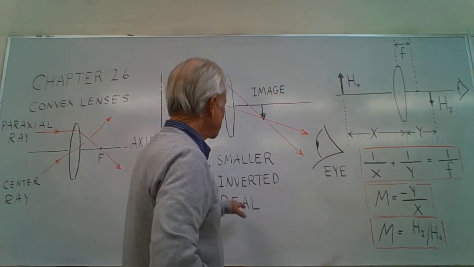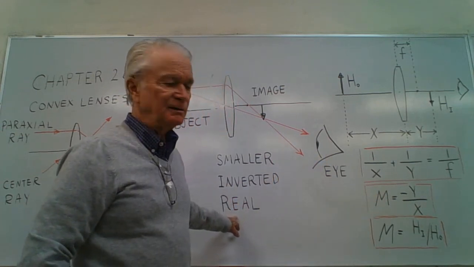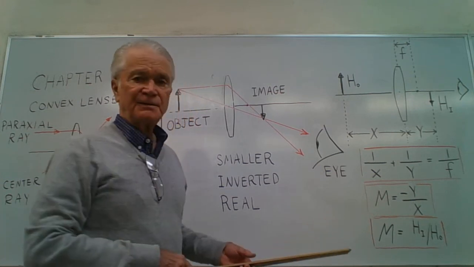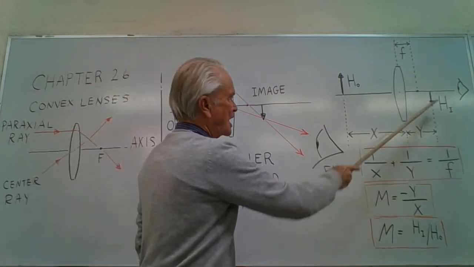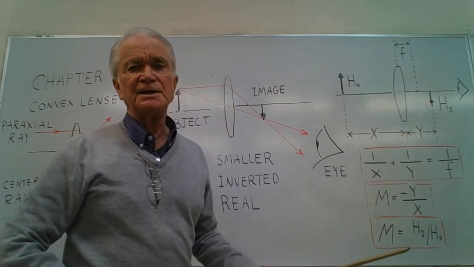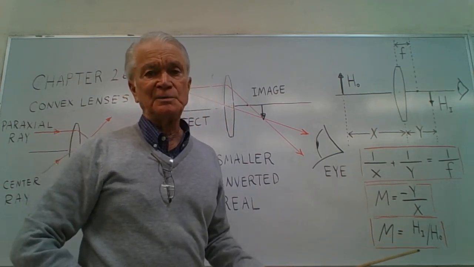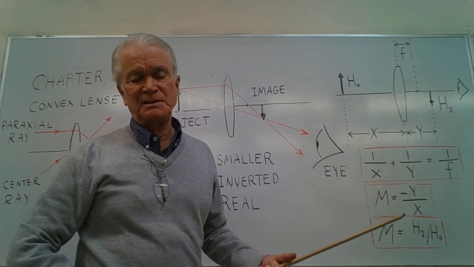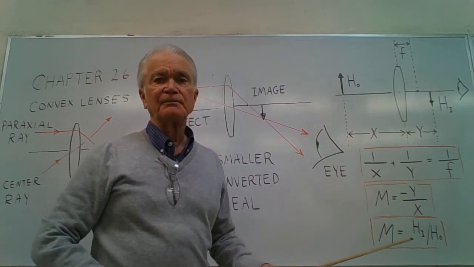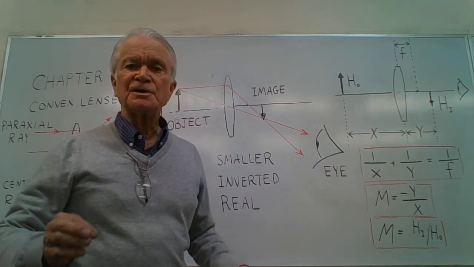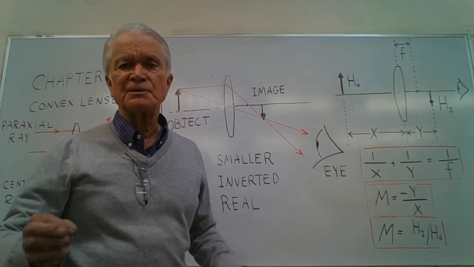About the nature of the image, whether it's real or not, I can tell you that if the image is not on the eye side, then the image is not real. I'll repeat it multiple times throughout this sequence of lectures. If the image is not on the eye side, it's not real.